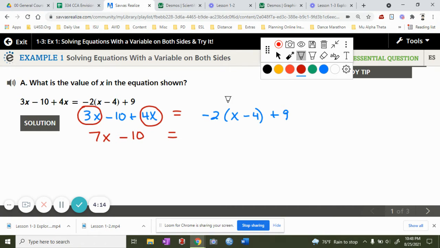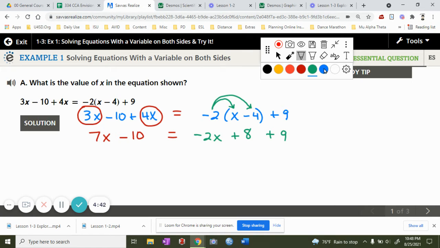And then on the right side, we need to do our distributive property first. So I'm going to take this negative 2 times x to get negative 2x, and then negative 2 times negative 4 to get positive 8, and then I'm going to add my 9.